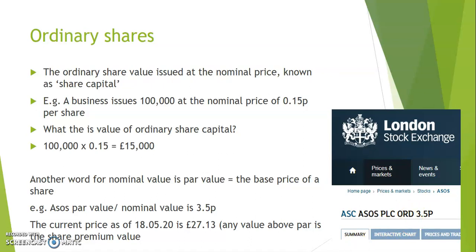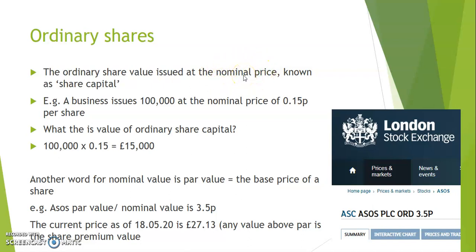So this is your market price and this is your base price. This is your ordinary share value. So the first type of share is an ordinary share, which is where the share is valued at the nominal price, something very small, something insignificant. That's what the nominal value is.